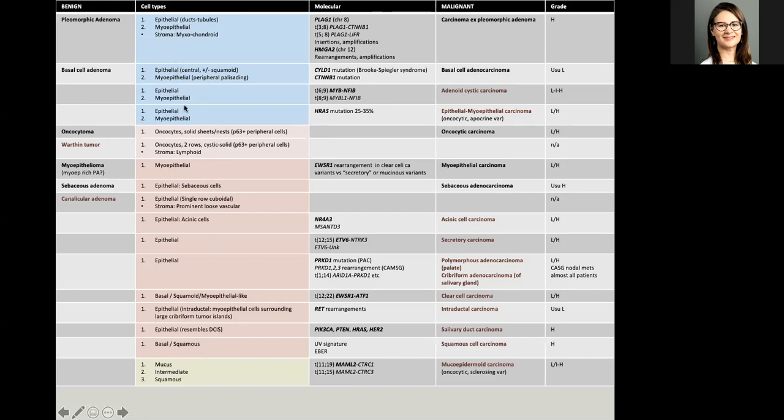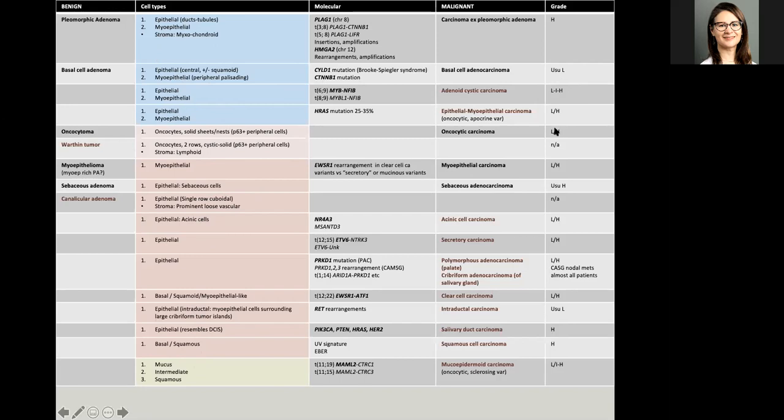The myoepithelial cells being the contractile cells around the acini or around the ducts, right? So both of these cell types can come into play in neoplasms as well. And we also sometimes think about molecular. So even though molecular isn't very frequently used for diagnosis of salivary, it can certainly help in equivocal cases.